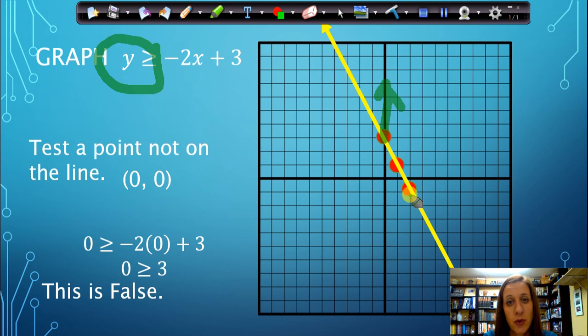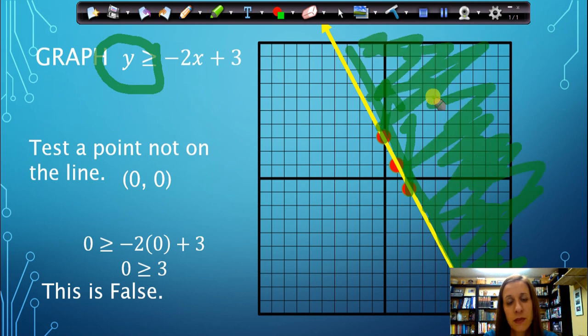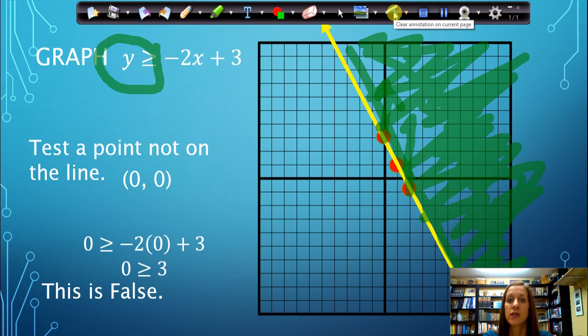Or if I pick this point, y values that are greater would have to be above. So that means I should shade above my line. And so your graph for y is greater than or equal to negative 2x plus 3 would look like that. You would have to have the line and the shading.